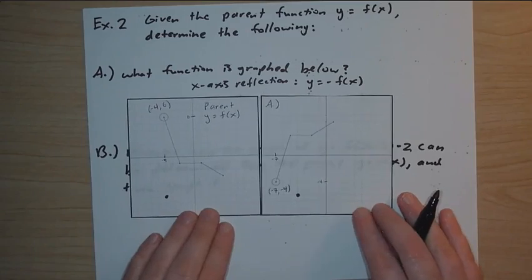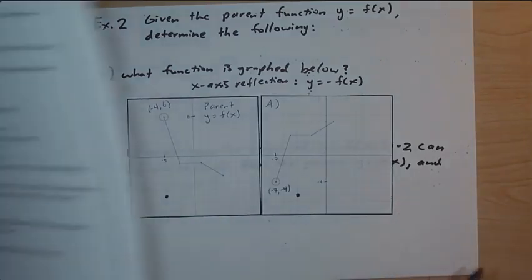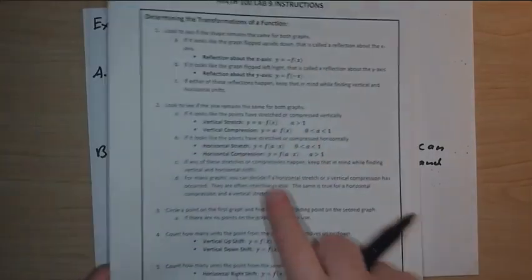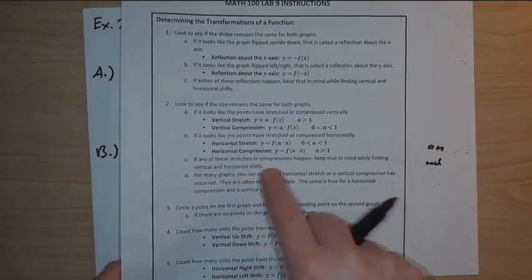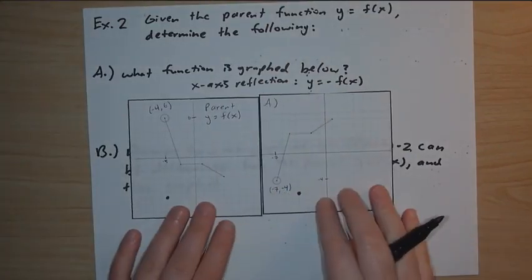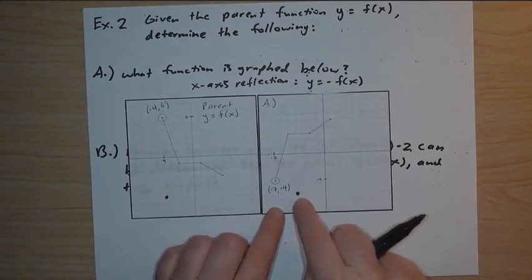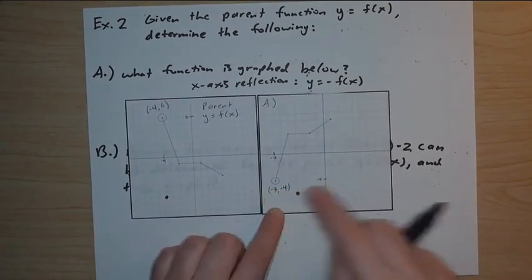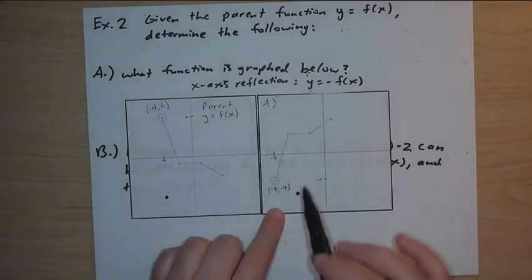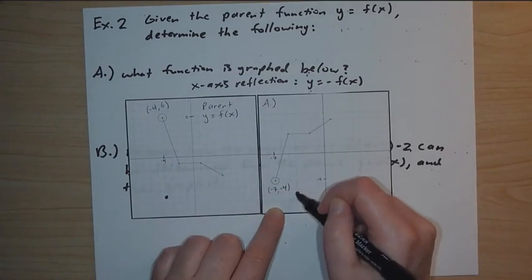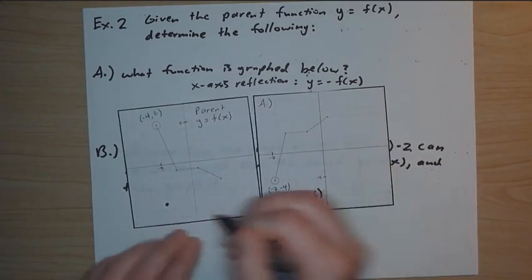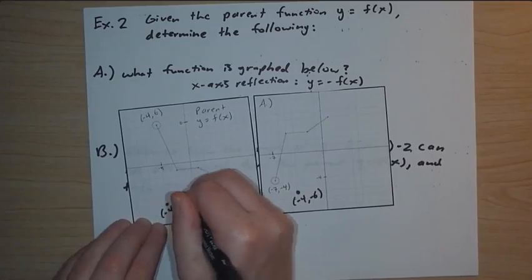So now to compare, we are going to decide if there were any vertical or horizontal shifts. We already know that there were no stretches or compressions of any type because it's the same size. So we're going to compare this point to this point now. After we flipped it over the x-axis, how has it shifted up or down, essentially? So we're going to compare this point, which is negative 4, negative 6. Let's write it there.